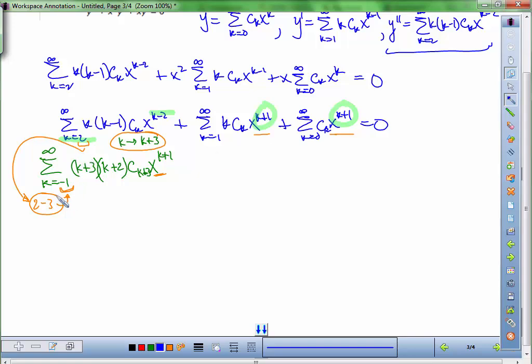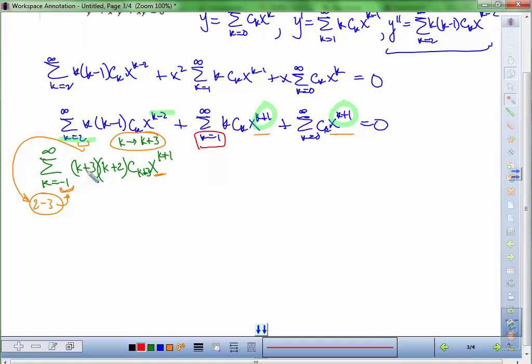So I have k starting from negative 1, k starting at 0, and k starting at positive 1. So it looks like there's going to be a few extraneous terms. So what I want to do is select the largest starting point, k, and then all the other ones that start before that, I just want to write out those first few terms.